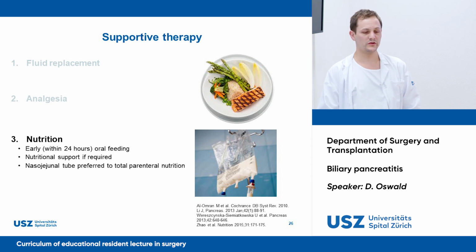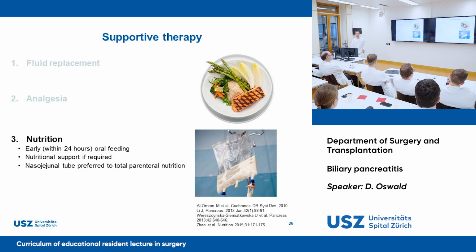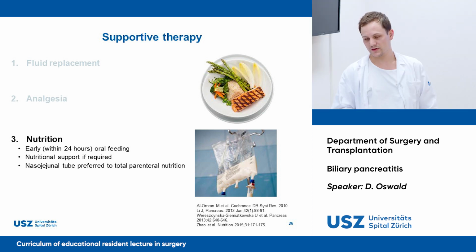It is often required in patients with moderately severe pancreatitis due to nausea, vomiting, and postprandial pain, and it's almost invariably needed in patients with severe pancreatitis. If you need nutritional support, the nasojejunal tube is preferred to total parenteral nutrition because there are significantly fewer central line infections, fewer sepsis rates, and fewer metabolic complications such as hyperglycemia.